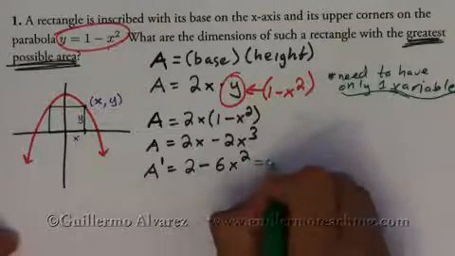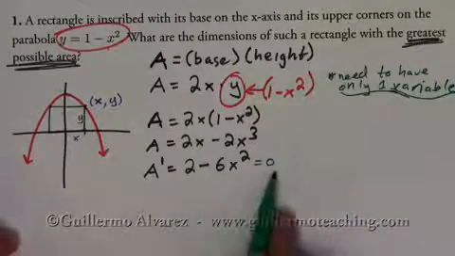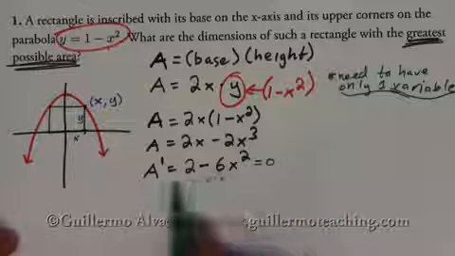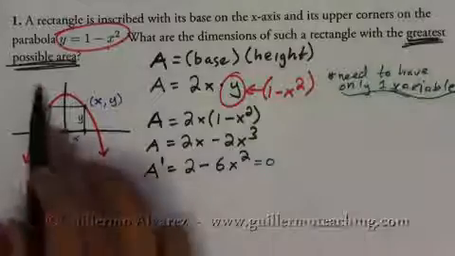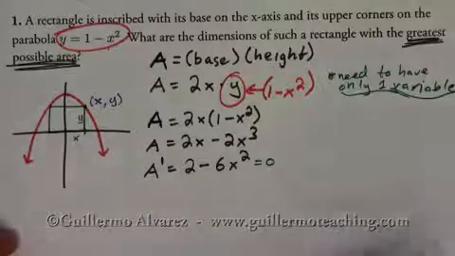Then we do the usual. We set it equal to 0, find the critical points, and find, in this case, the absolute maximum.